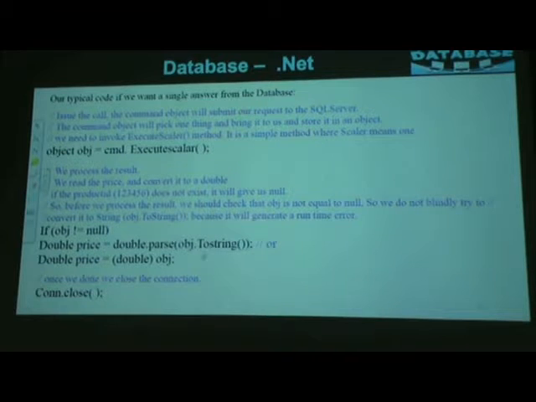Because this is an object, like cmd is an object, and the price is a double, we have to typecast it to double. And once we're done, we close the connection.